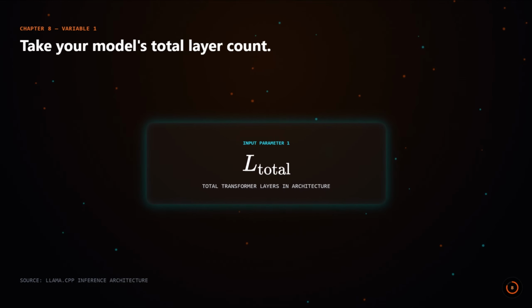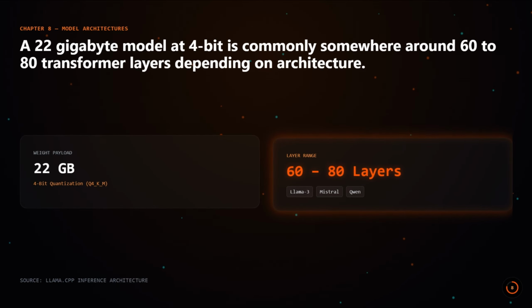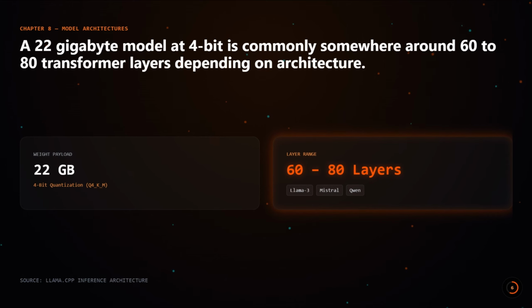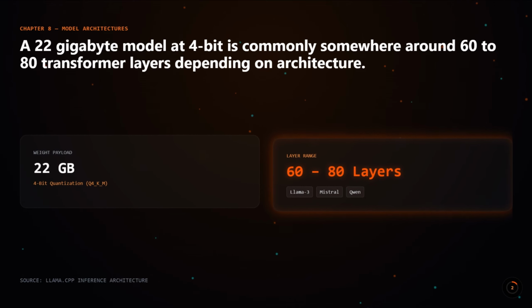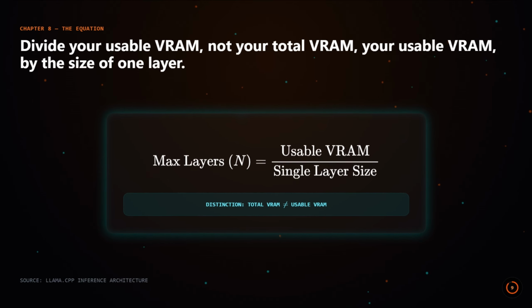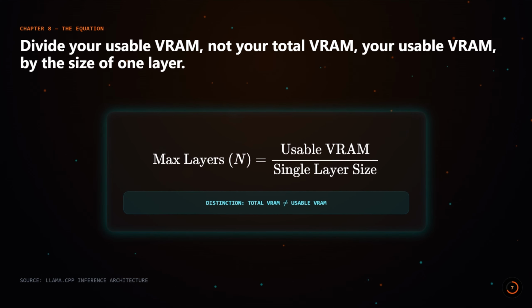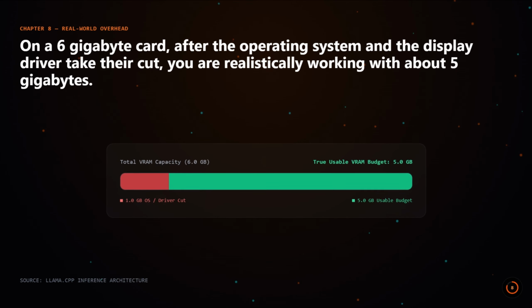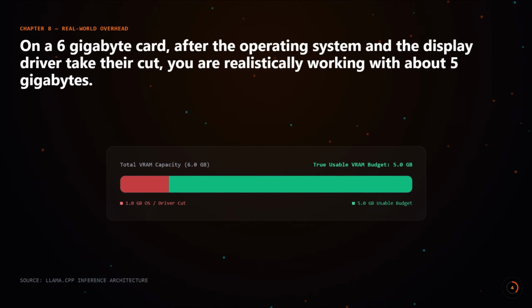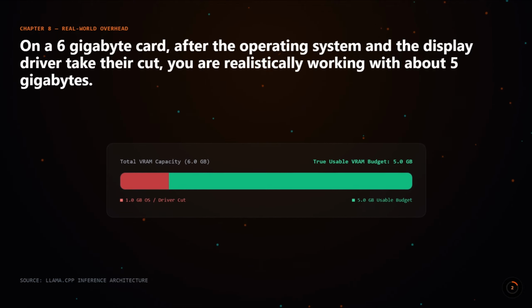Take your model's total layer count. A 22 gigabyte model at 4-bit is commonly somewhere around 60 to 80 transformer layers, depending on architecture. Divide your usable VRAM, not your total VRAM, your usable VRAM, by the size of one layer. On a 6 gigabyte card, after the operating system and the display driver take their cut, you are realistically working with about 5 gigabytes.